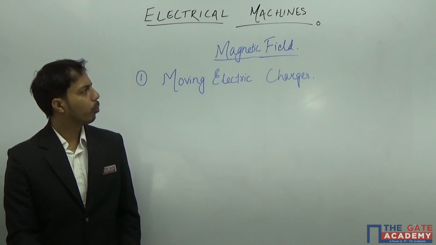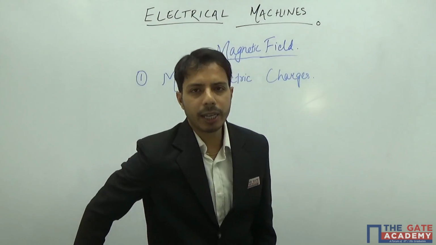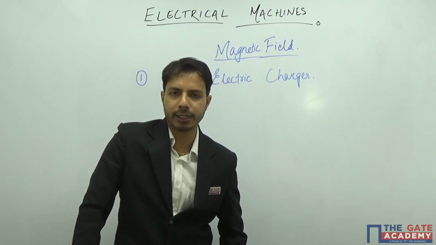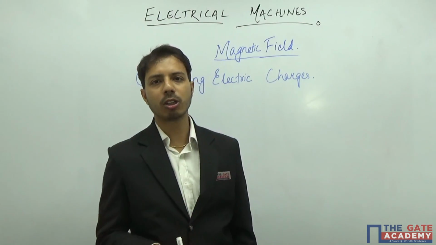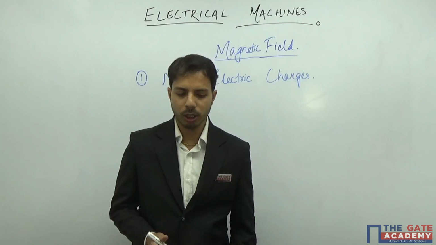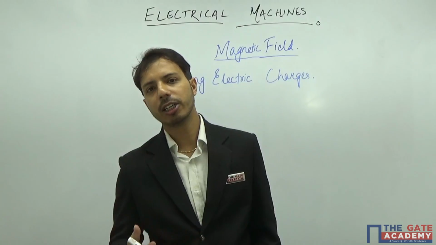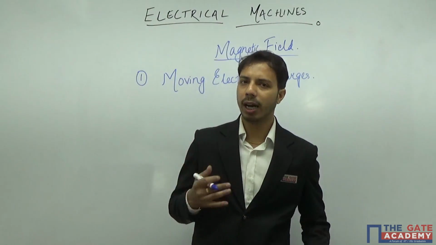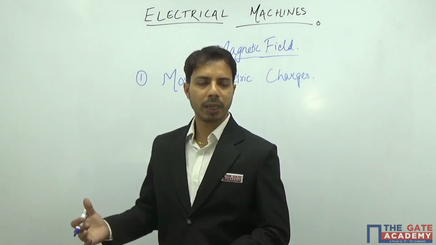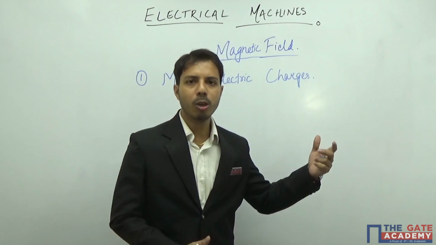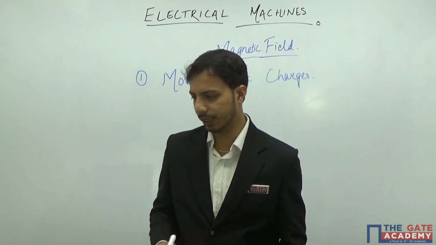Once a magnetic field is created, the magnetic field lines will be closed lines, and we will have two poles, called the North Pole and the South Pole. We cannot have isolated poles as we can have isolated charges in an electric field. We can have an isolated positive charge or an isolated negative charge, but whenever we talk about a magnetic field, we will have North Pole and South Pole together. That means a monopole cannot exist.